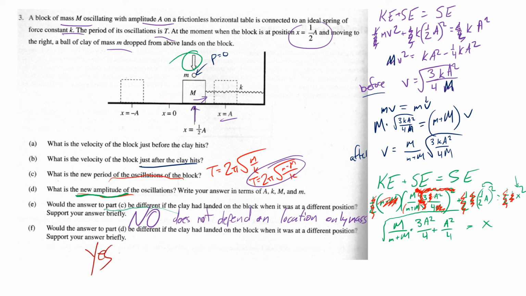Yes. Part D is talking about the amplitude, the one we just went through. The reason the amplitude would change is because the kinetic energy depends on the location, and the spring energy depends on the location. Maybe that doesn't help you out too much here, so let me give you an example.